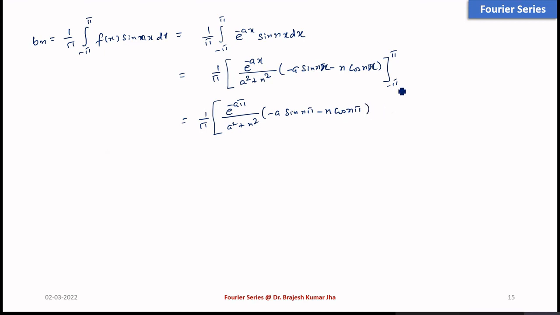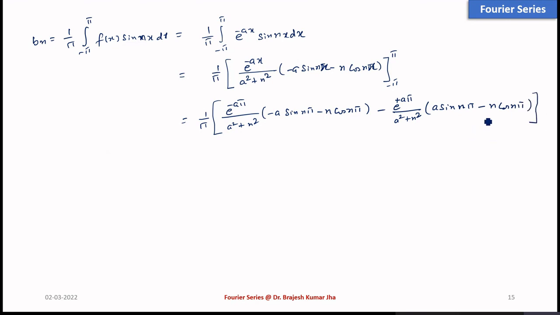And here, once we put the minus sign, it is minus e to the power plus a pi upon a square plus n square, and it will be a sine n pi minus n cos n pi that we get.